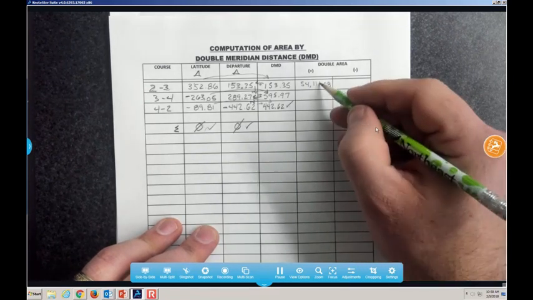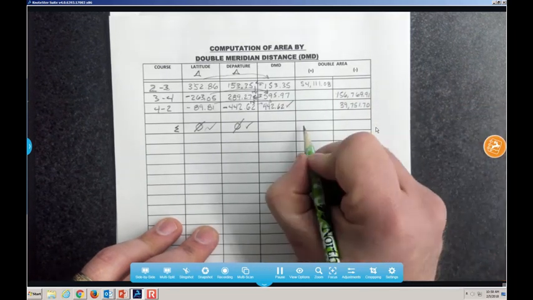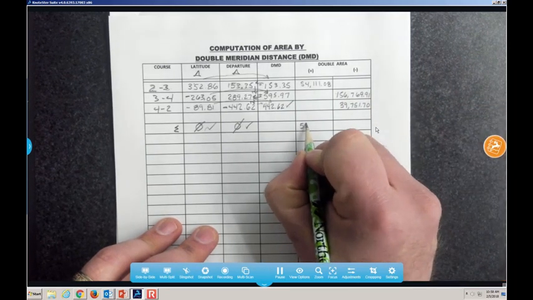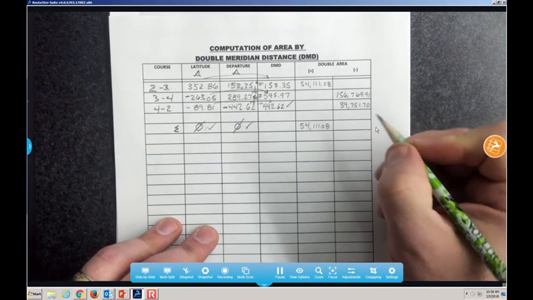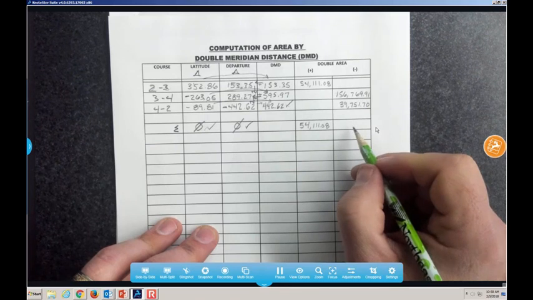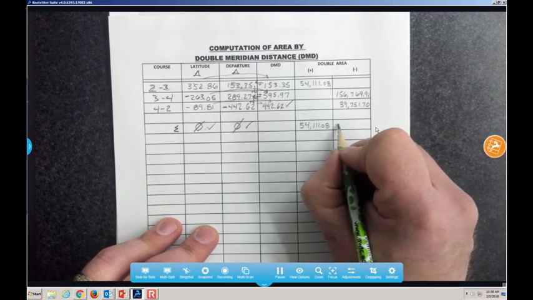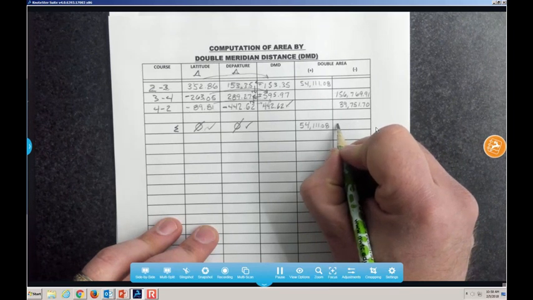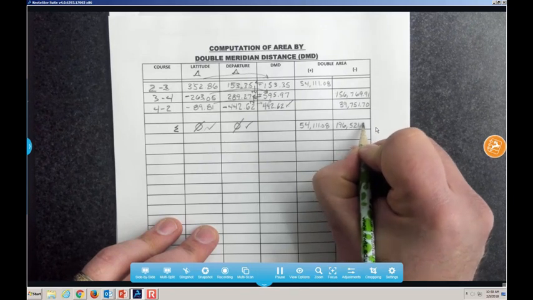Now, let's add up the double area plus column and the double area negative column. Well, the plus is easy. So that's 54,111.08. Then the negative column is, what do we have? 196,521.61.